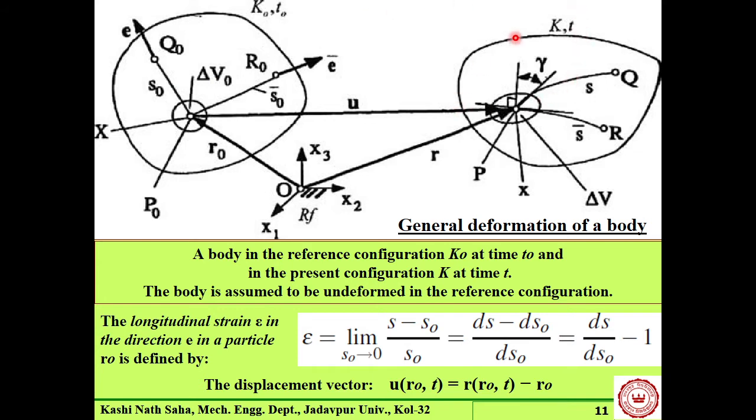This is the deformed configuration. This point P is now displaced from P0 to P. We will say this is our current configuration. The original length of this line element is S0, and it has become our changed length S. So we have to take a differential element of this line at this point and take a derivative of that.